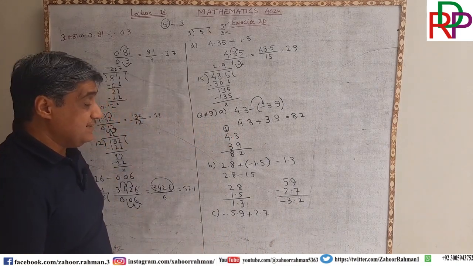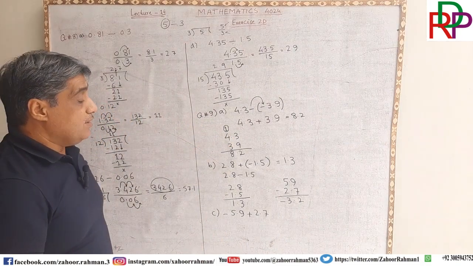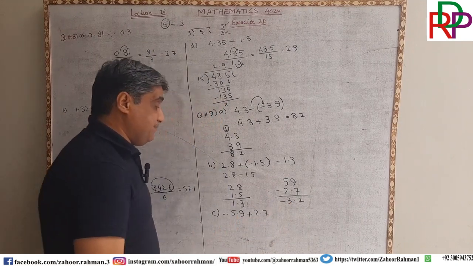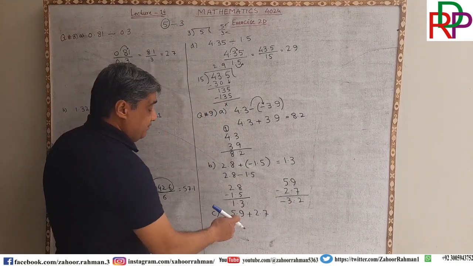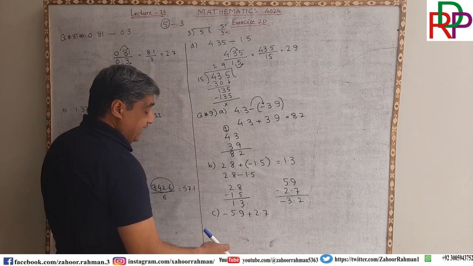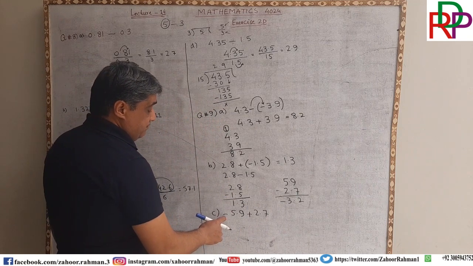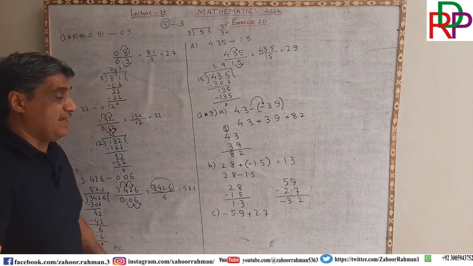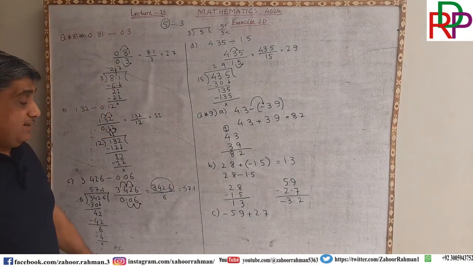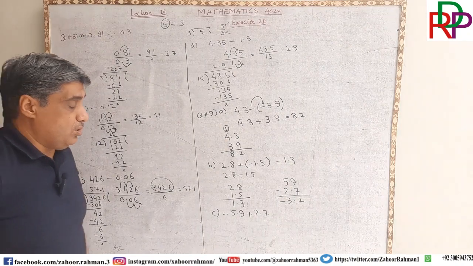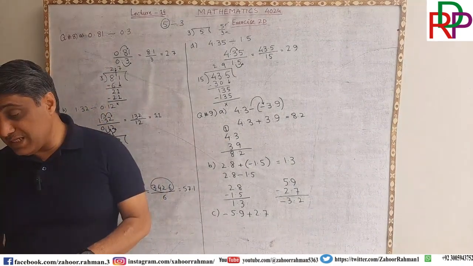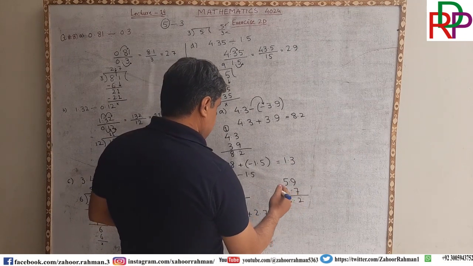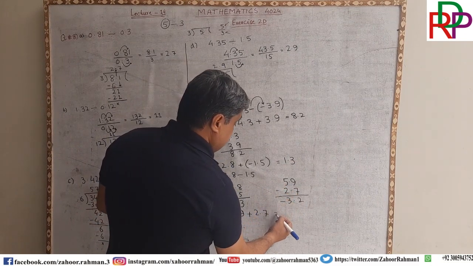Why did I put this minus symbol? Because the larger number is 5.9 and this negative symbol is with the 5.9, so the sign of the larger number will go with this. So minus 3.2 is the answer of this.